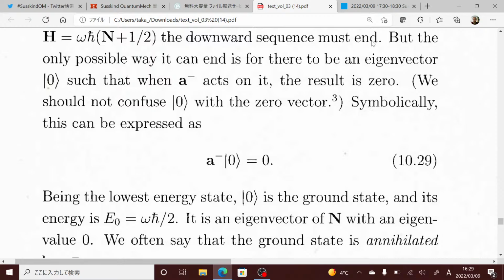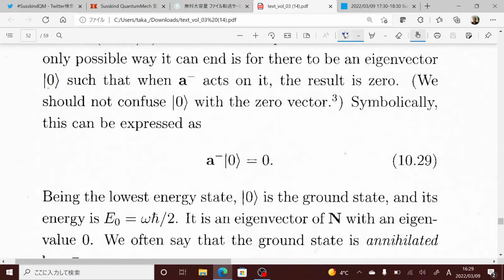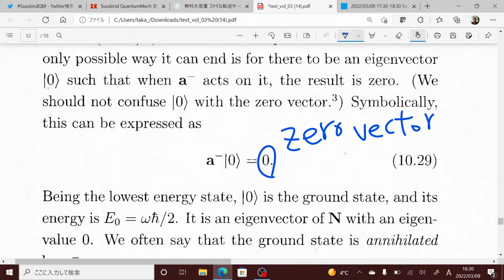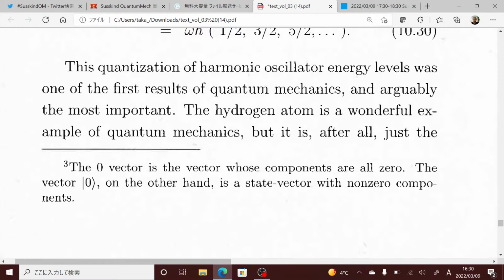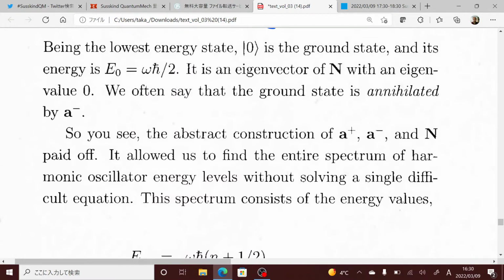Okay, so this is the 0 vector, I think. I think this should be the 0 vector, because the 0 vector is a vector whose components are all 0. The vector ket of 0, on the other hand, is a state vector with non-zero components.